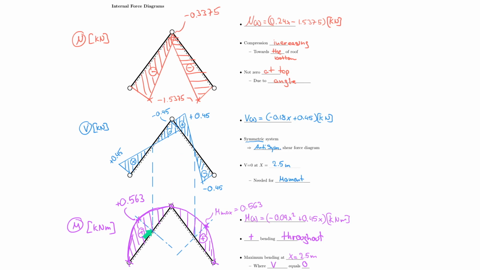And that means that for our moment diagram, we must have a maximum here at the center of the beam, which we calculated simply by plugging in 2.5 to these equations. So these equations can be a blessing, if you will. And with that done, I think we are ready to finalize the internal force diagrams for snow load, put them to rest, and we move on to wind loads.